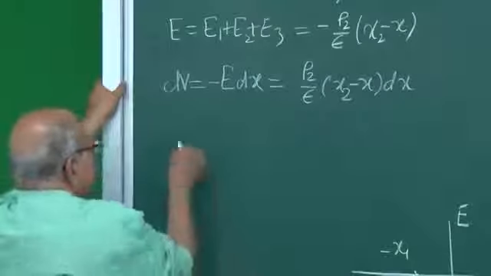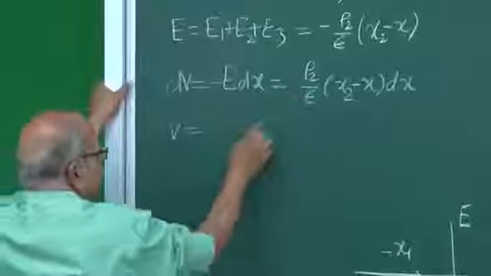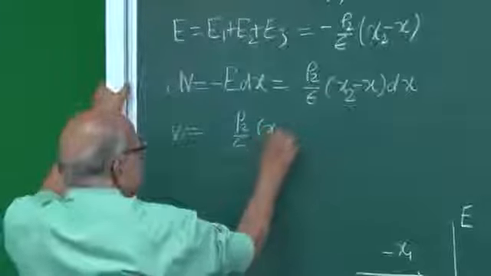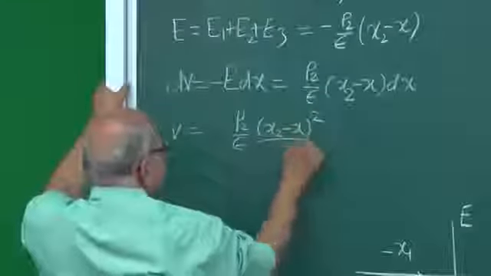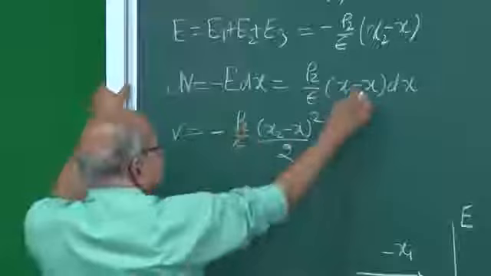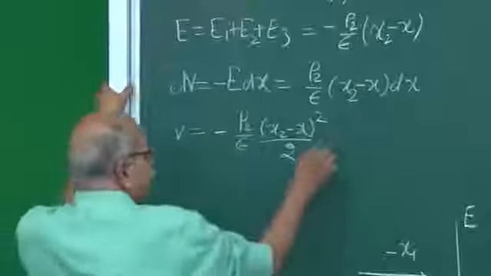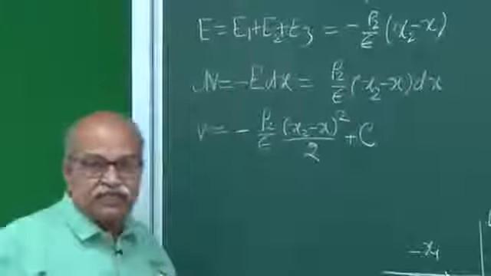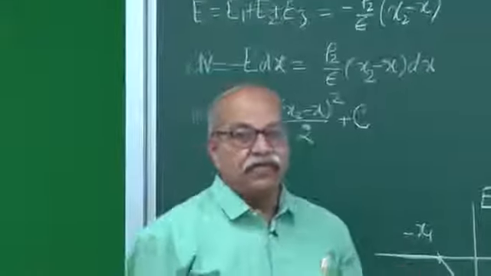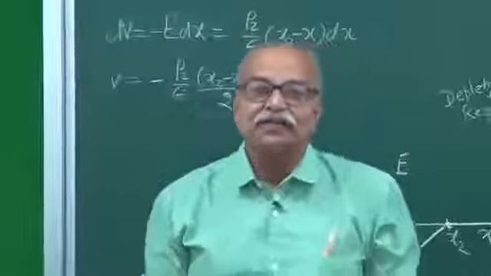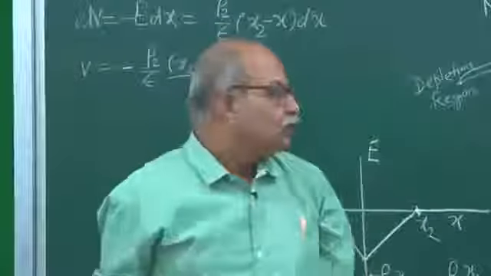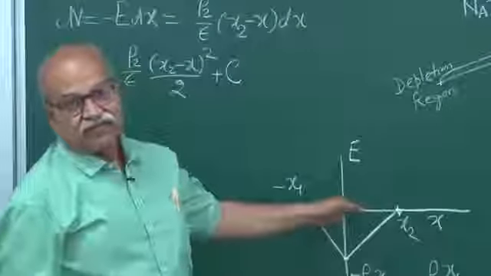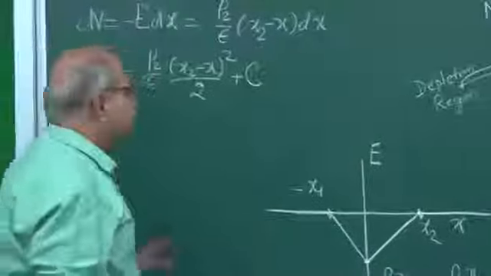So if I integrate, you get V is equal to rho 2 over epsilon, then x2 minus x square by 2 with a minus sign because you have a negative sign here, plus some constant. And that constant can be evaluated by choosing a point for V equal to 0. So we take this junction point itself, x equal to 0, as the point where V is 0. That's our choice, you know that.